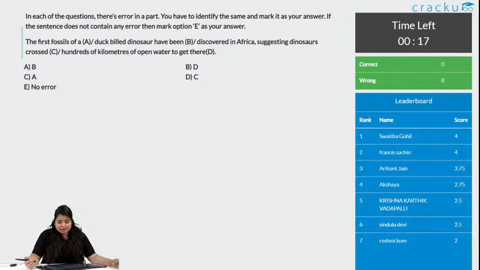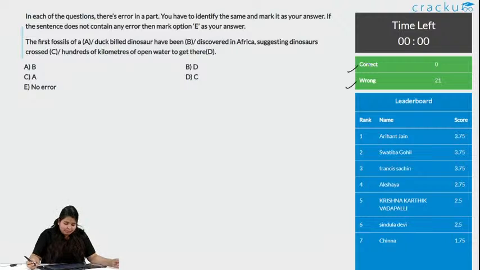Eight people got this wrong, and there's still 15 seconds. Okay, with this, there are 21 wrong answers and 0 correct.